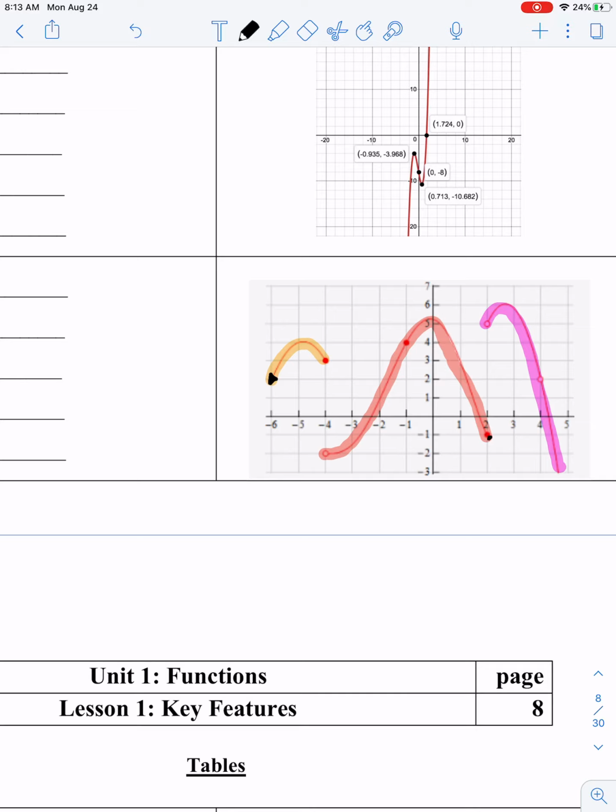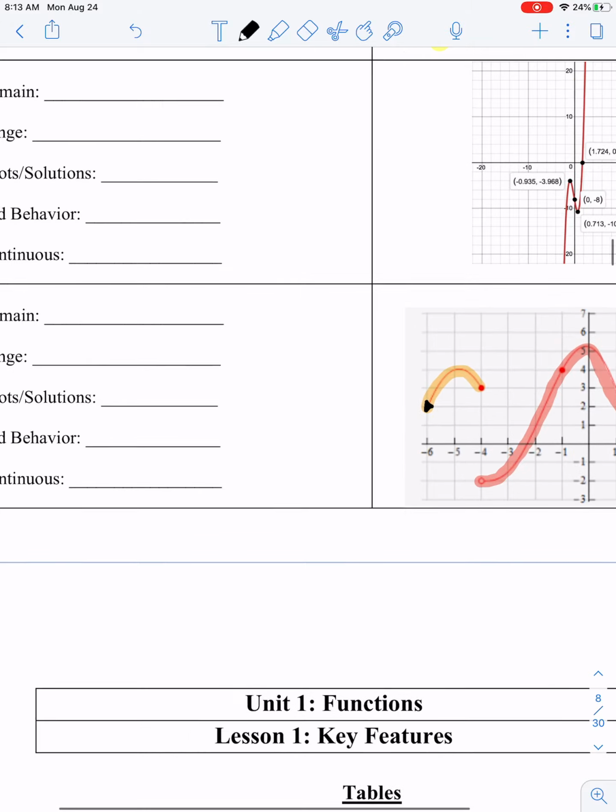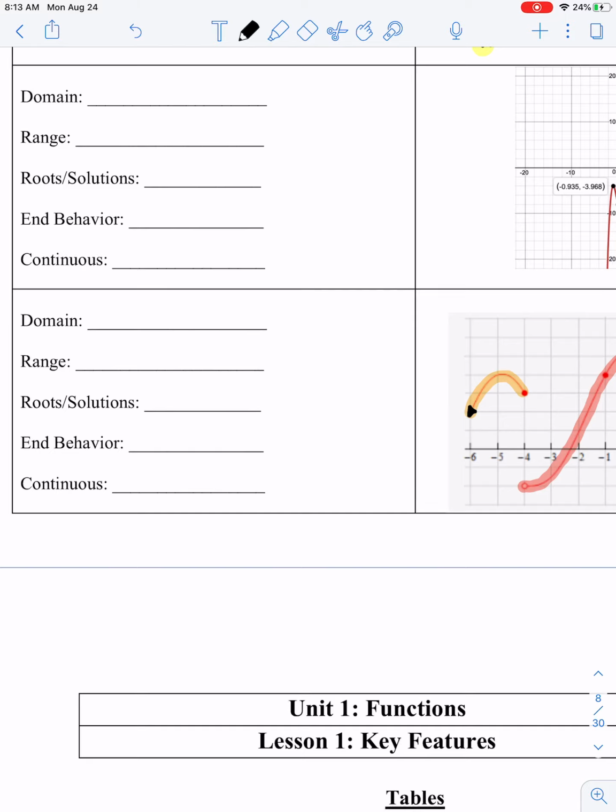It has a dot here, which means it stops. Dot here, and then it goes to the edge over here on the right. So now, domain of just my orange piece would be from negative infinity to 4. It's got a closed dot, so it gets a bracket.